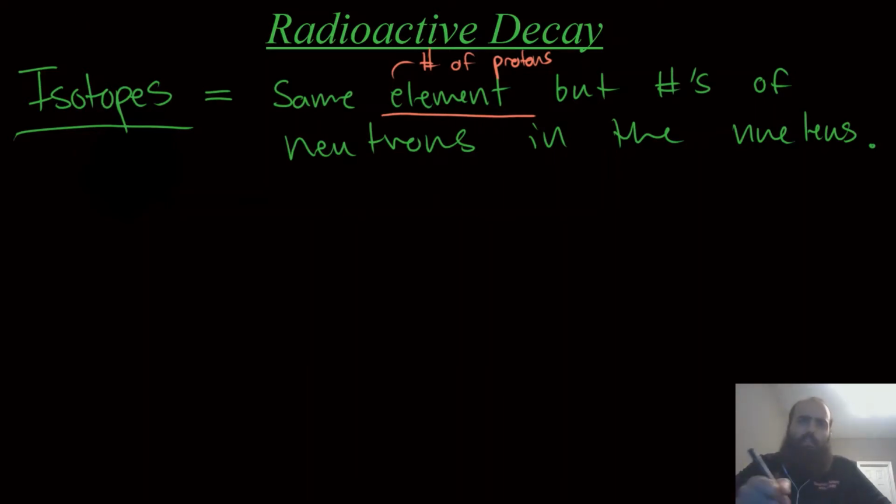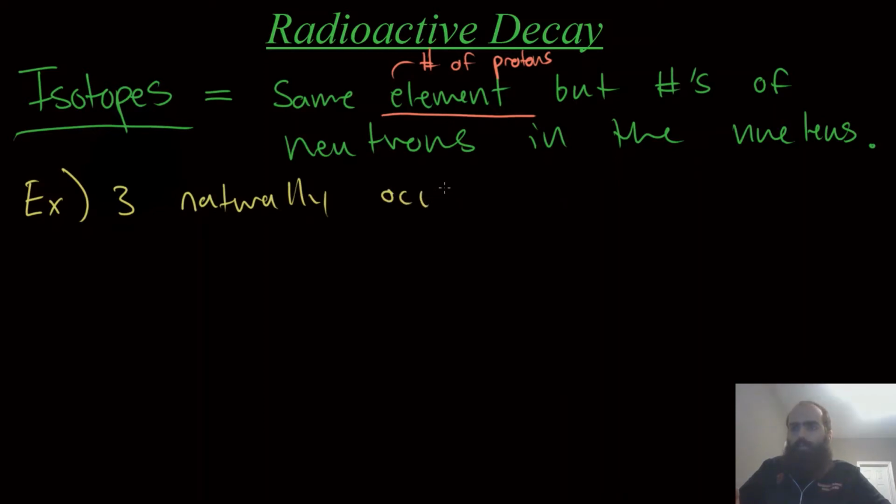We can give an example with the naturally occurring isotopes of hydrogen. Sorry, I said helium, but I meant hydrogen.